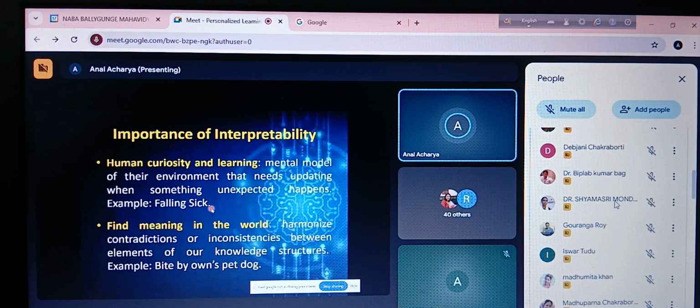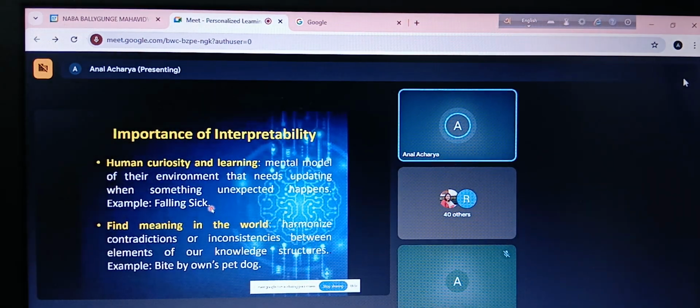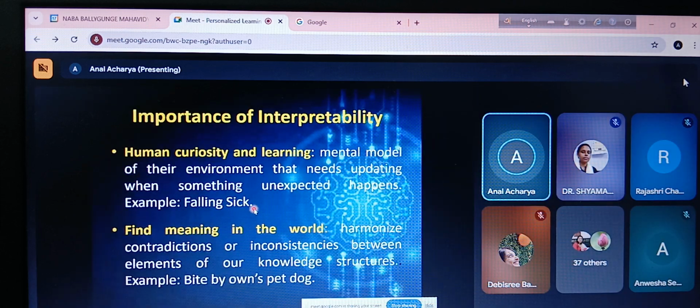The question is, why is he having fever? It could be due to cough and cold, or viral fever, or a respiratory tract infection. There could be several reasons why a person has a fever. That reason has to be found out. That is why we go to the doctor whenever we are unwell, and try to find out the reason.